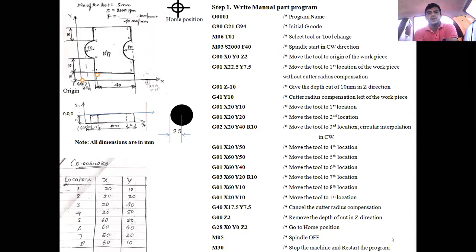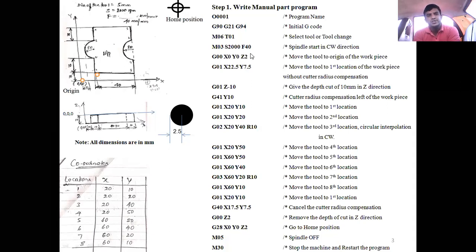Whenever you start the program, you should give the spindle speed and feed rate. Next, move the cutting tool from the home position to the origin of the workpiece, with the shortest distance. It moves by giving the code G00, which means rapid traverse, X0, Y0.